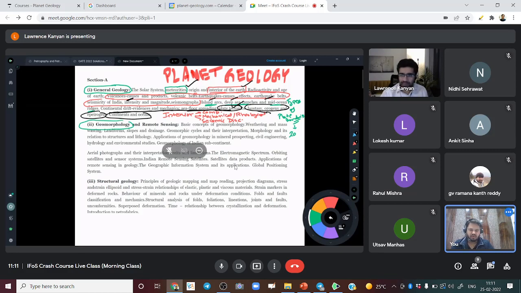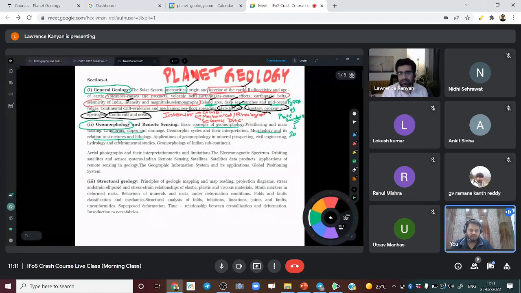In this syllabus there are three topics: basic concepts of geomorphology, land slopes and drainage, and morphology and its relation to structure and lithology. They club these three topics and ask how landforms depend on structure, rock type and other structural features.